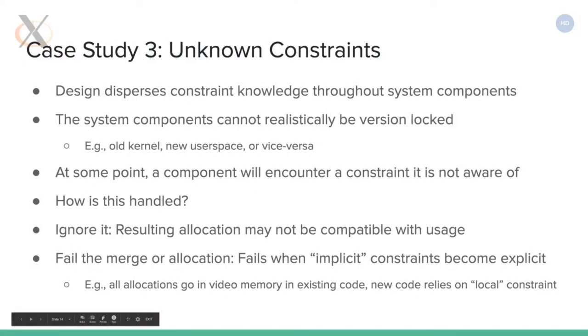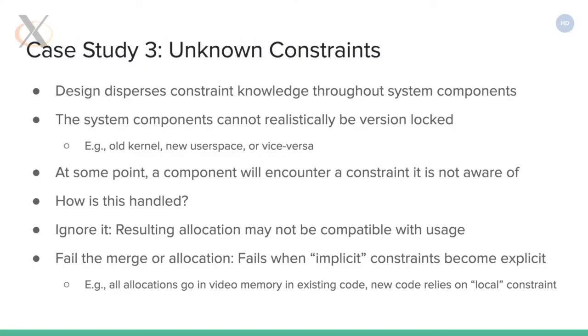Another difficult problem we ran into was what to do with unknown constraints. These happen as a property of the system we've defined. We have a design that disperses the constraint knowledge throughout the system components that you're using. So you're going to have a lot of system components talking together, and it's not realistic to have all of them version locked. At the most simple example, you have maybe an old kernel and a new user space, or vice versa.